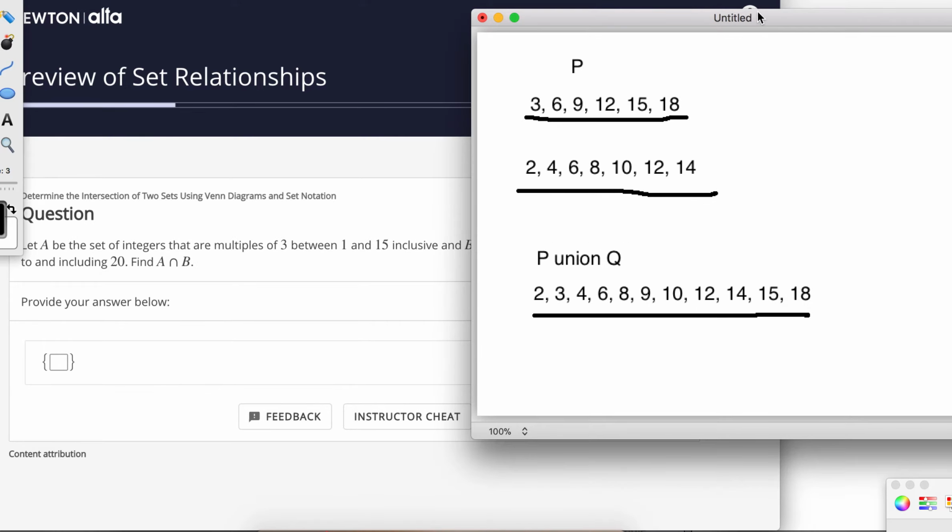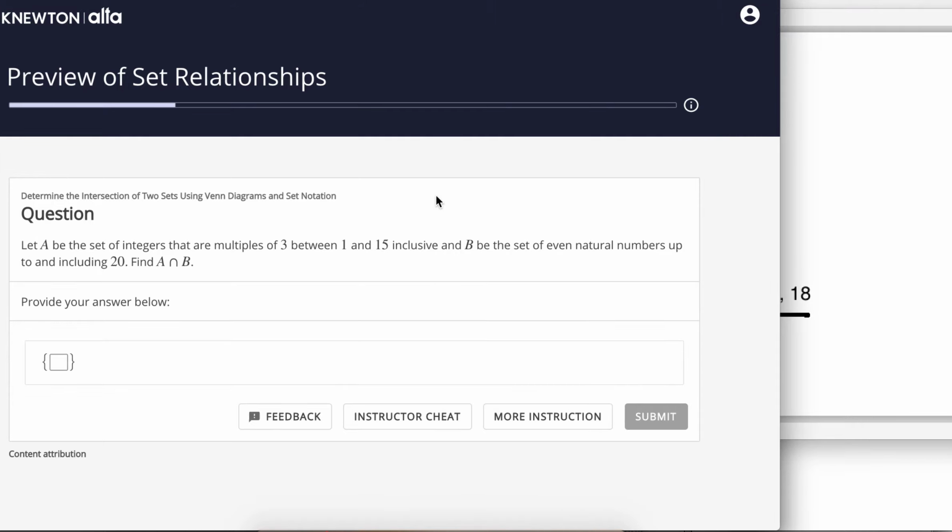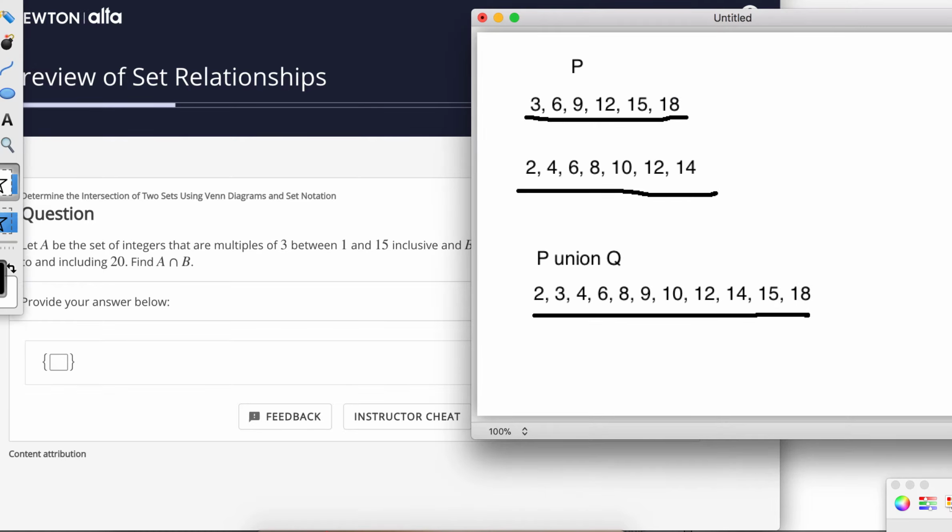Okay, let me do one more, then we'll pause this video and make another one. So let A be the set of integers that are multiples of 3 between 1 and 15, and B be the set of even natural numbers up to and including 20. Yeah, we have to make a new set here. Delete the P too.